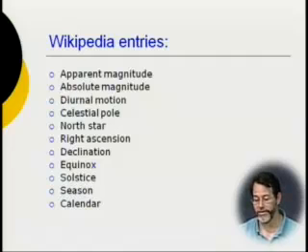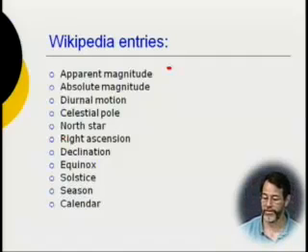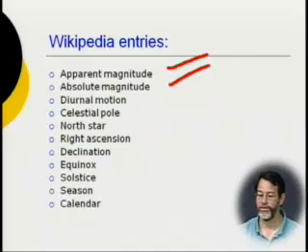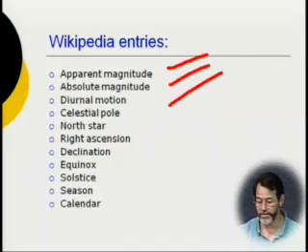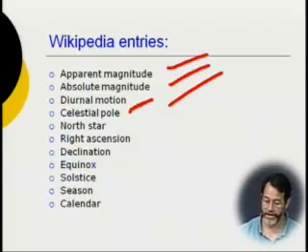A lot of Wikipedia entries today, but I don't think today's lecture is all that sophisticated. We'll be talking about brightnesses as given by magnitude. So you have your apparent magnitude, you got your basic absolute magnitude, you got your diurnal motion, which was mentioned last time. People tend to collect celestial poles, and I will point out 2 of them.